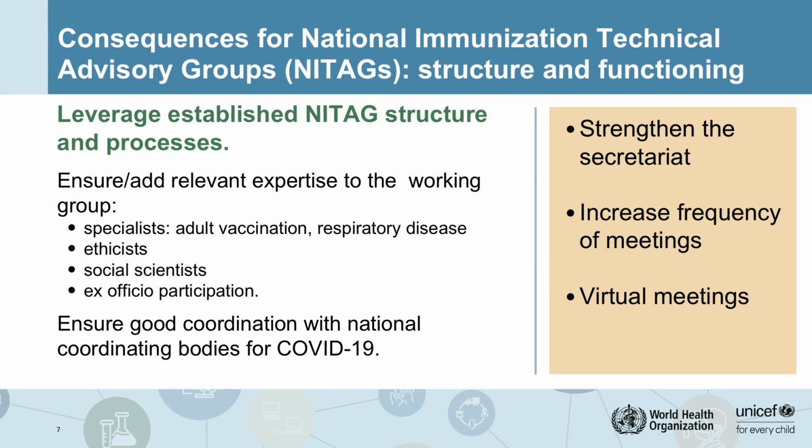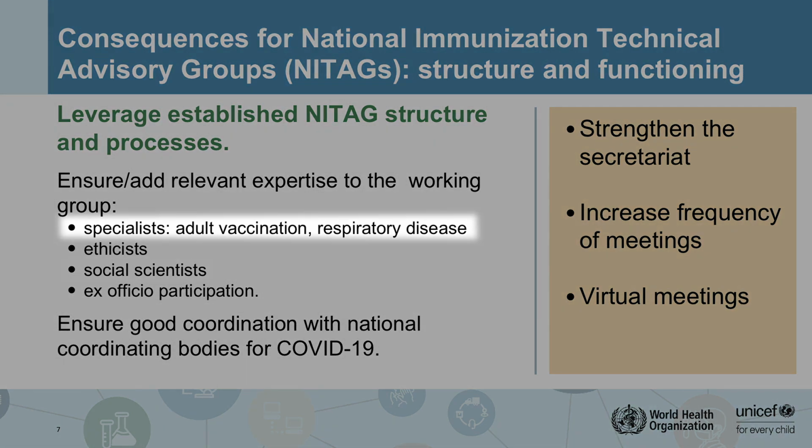As a result of the uniqueness of our COVID-19 situation, there are consequences for the structure and function of NITAGs. In terms of structure, additional expertise may need to be added to include specialists in adult vaccination, respiratory disease, an ethicist, and potentially also others such as social scientists.